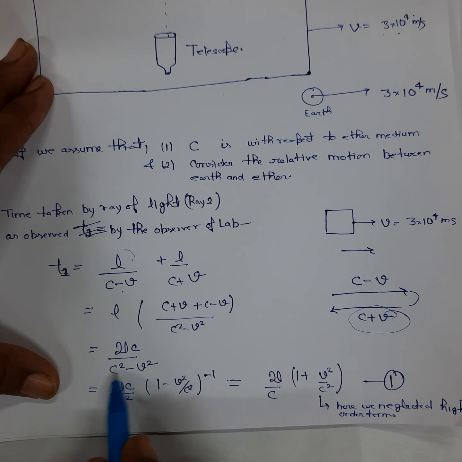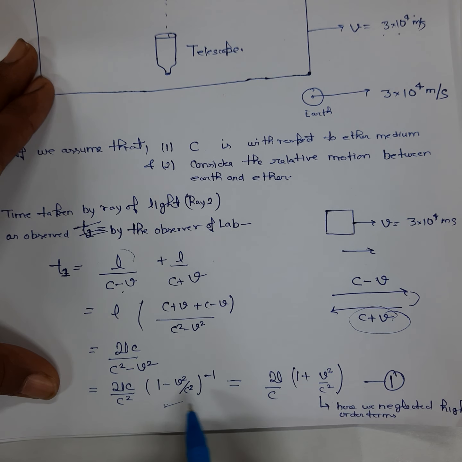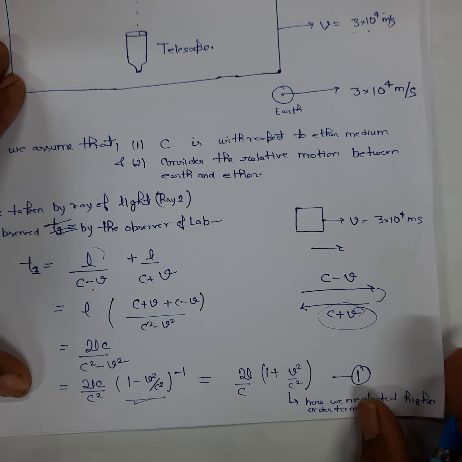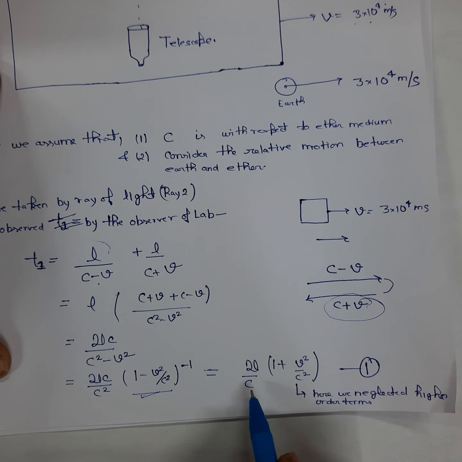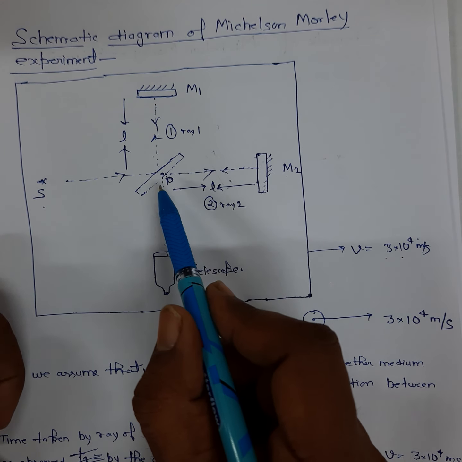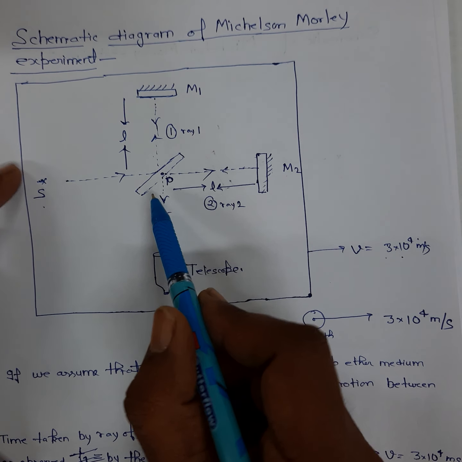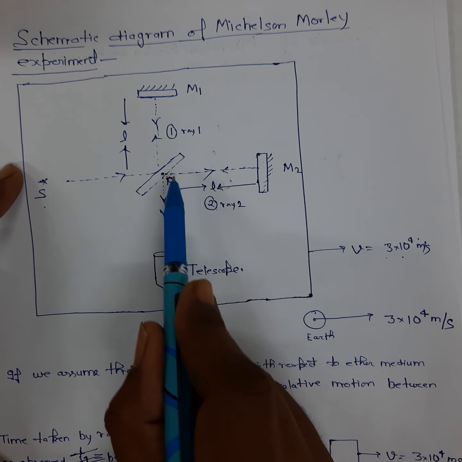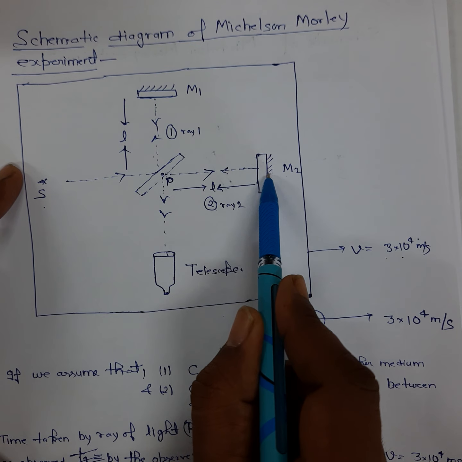We have taken out c squared, which is common, and the whole expression can be written like this. Taking the binomial expansion of this term and neglecting the higher orders, the time taken by ray 2 will be 2L by c times the bracket of 1 plus v squared by c squared. This time t1 was the time taken by ray 2 to traverse the path from P to M2 and M2 to P.